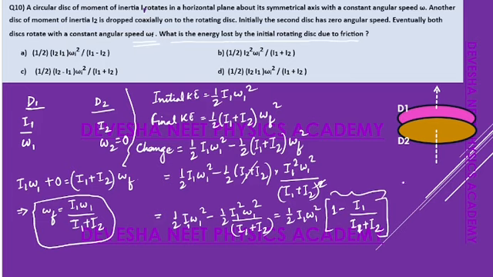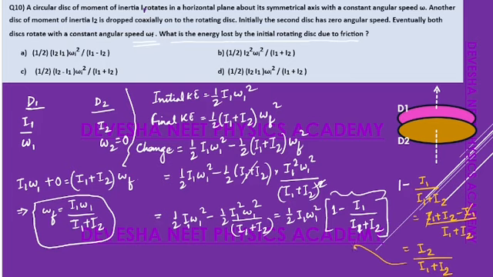Let's focus only on this part and leave the outside part. So 1 minus I1 upon I1 plus I2. Taking the LCM as I1 plus I2, this becomes I1 plus I2 minus I1, so this gets cancelled and we are left with I2 upon I1 plus I2.